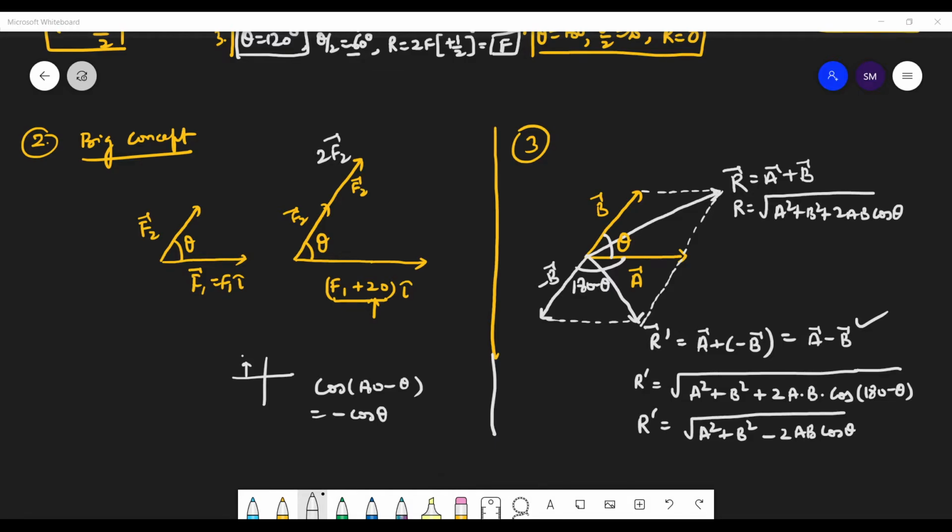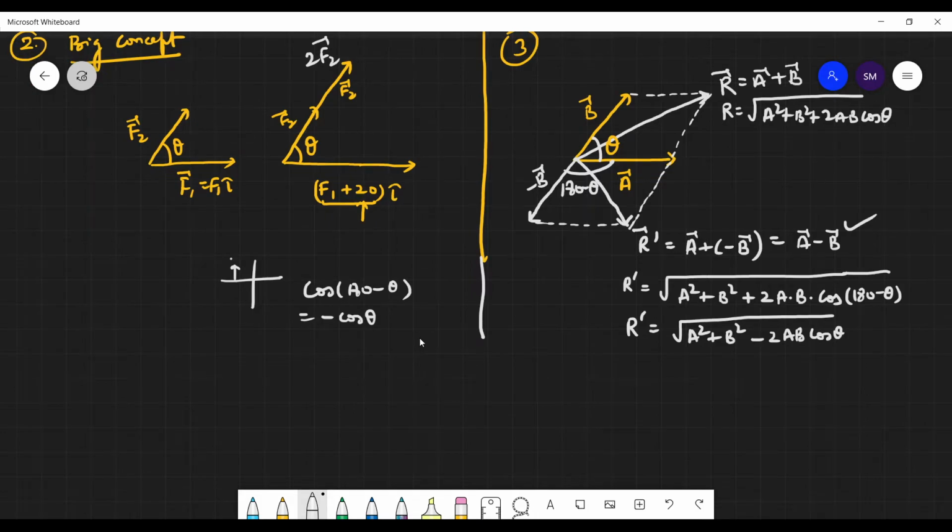Those who are left, hurry up, please note it down. Done, students?